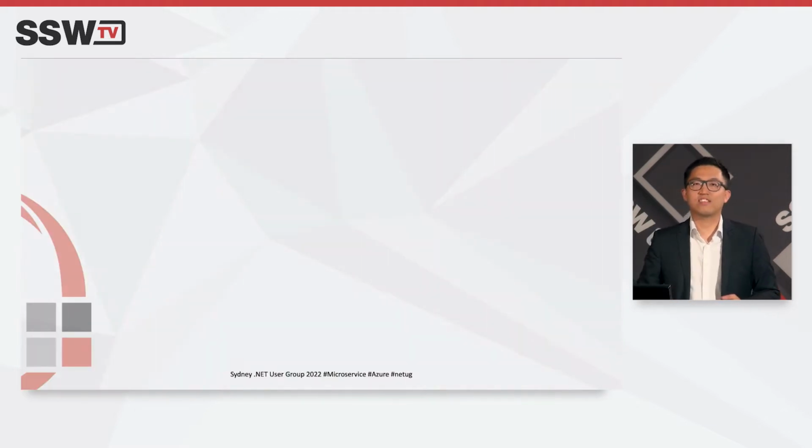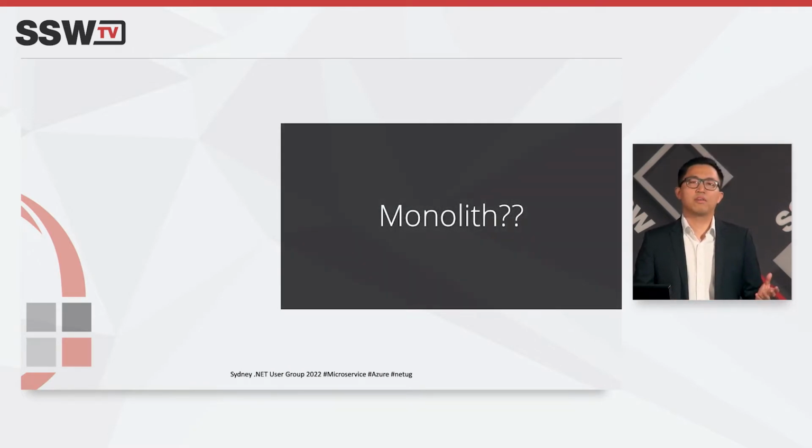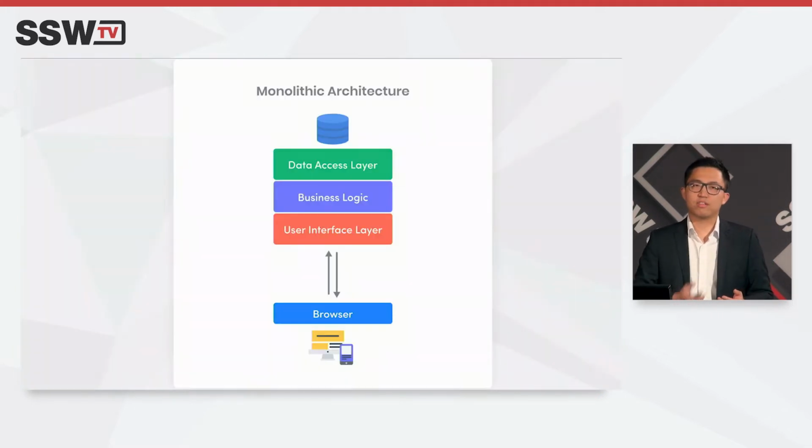Now, let's get started. So what is a monolith? You must have heard of this term, but what is the exact definition of it? Does it mean a bunch of Lego bricks completely spread out everywhere, disorganized chaos? Actually, not.